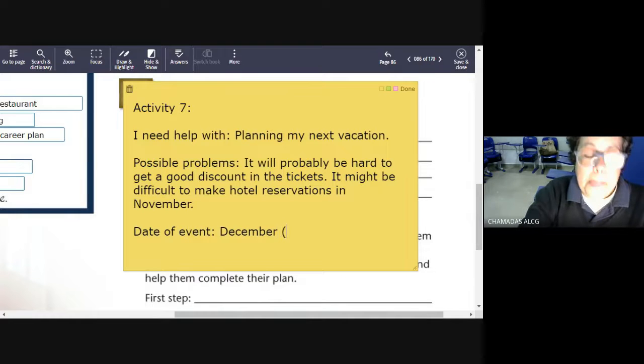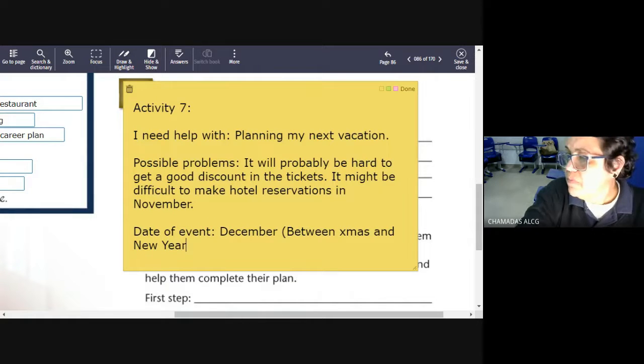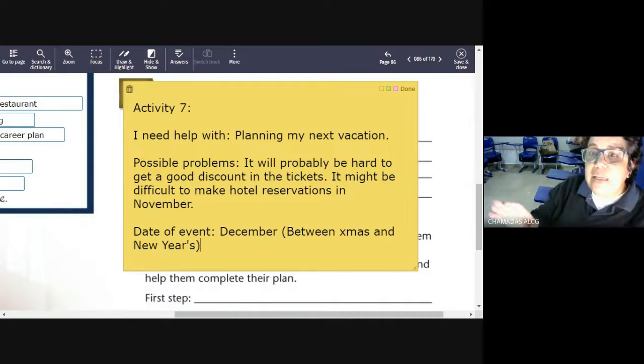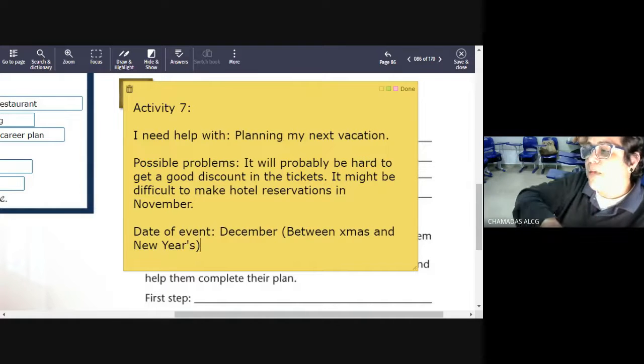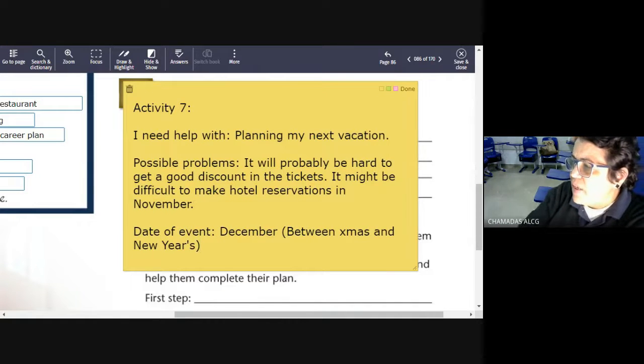And let's say it's going to be between Christmas and New Year's. That moment is really hard. We better go because imagine we are planning to leave on December 26th, right after Christmas, and then spend New Year's there. So difficult. Okay.